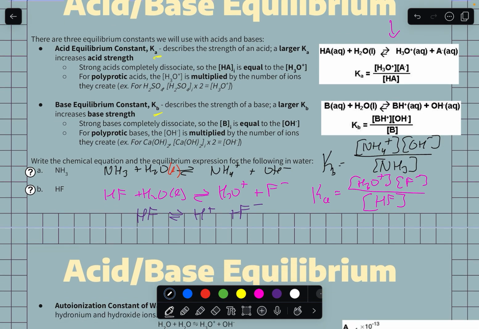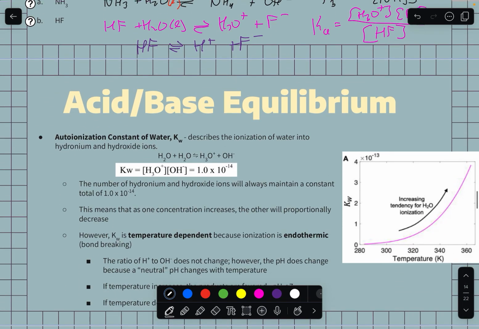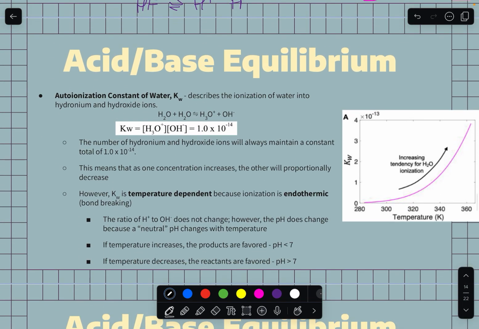All right. So you have Ka and Kb expressions, same thing we did for equilibrium. We also have a Kw. We've seen this equation before, right? The H3O plus times OH minus equals 1 times 10 to the negative 14. At 25 degrees Celsius, and that temperature comes up later, our Kw, the autoionization constant of water, so it's just water breaking down on itself, is 1 times 10 to the negative 14.